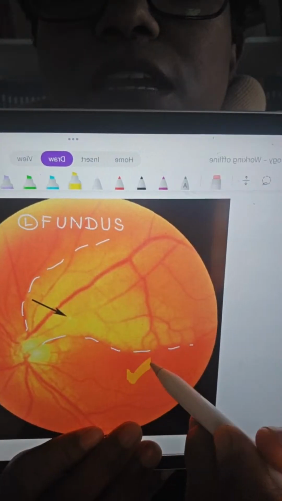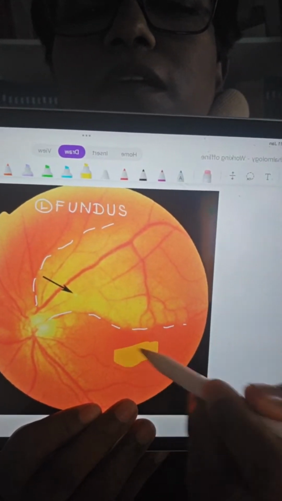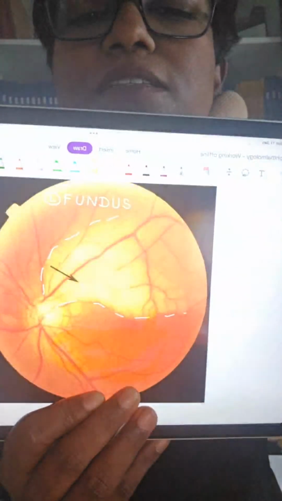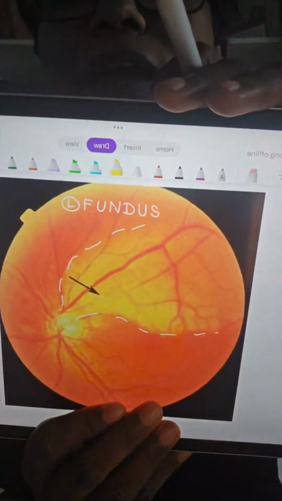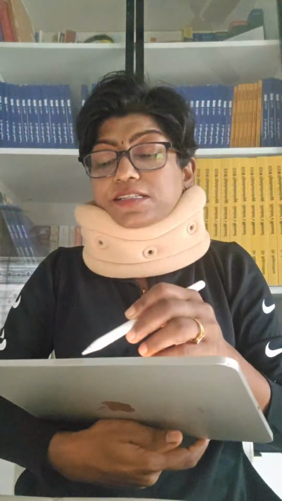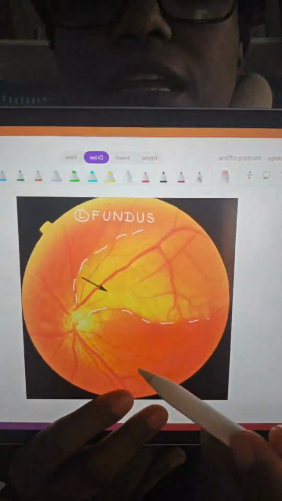Are you able to see the normal color of the fundus in this portion? All these areas? Yes, because the retina is transparent, so you're able to see the orangish red color of the fundus. Are you able to see that, guys?